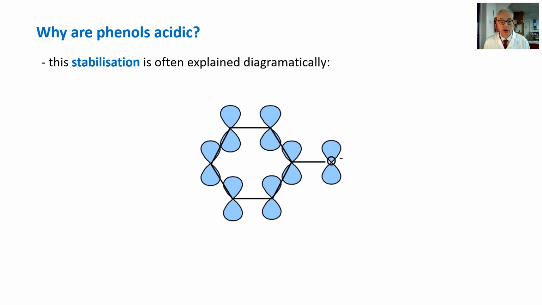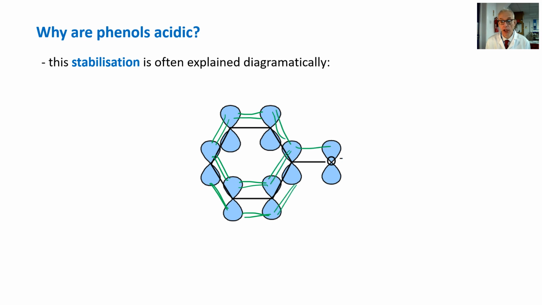An orbital diagram is helpful to explain this. So here we have our 6 carbon atoms, each with a p orbital that overlaps to form a delocalized pi system above and below the plane of the molecule. You've seen this diagram before.